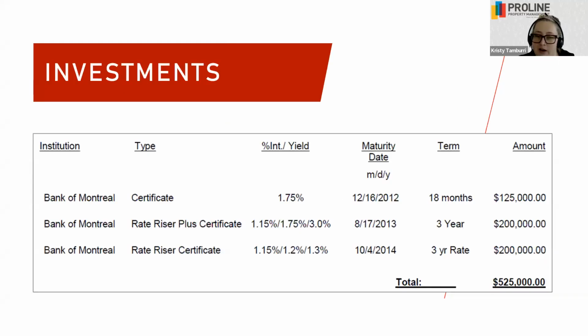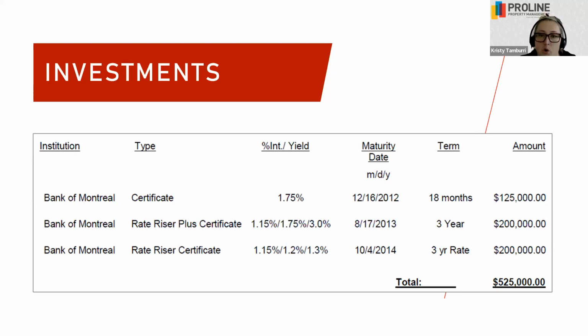If you do have investments within your strata corporation, you'll have a separate page within your monthly operating statement that provides all of the details on those investments. For this particular sample, we're looking at the institution where the investments are held, the type of investment, the yield, maturity date, term, and then the original amount that was invested.